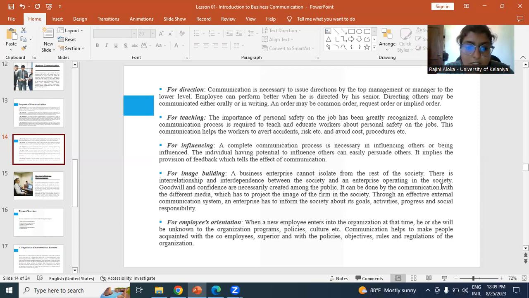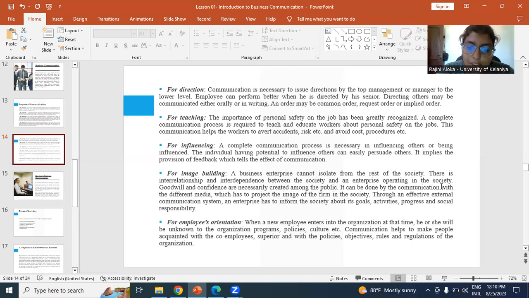Through an effective external communication system, an enterprise has to inform society about its goals, activities, progress, and social responsibilities. So it's very important to build effective communication within businesses, because it helps to build the image of the business.